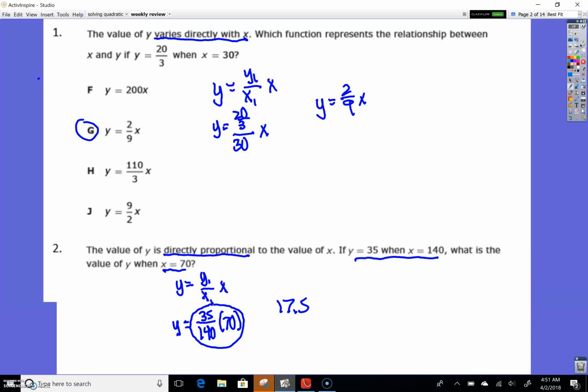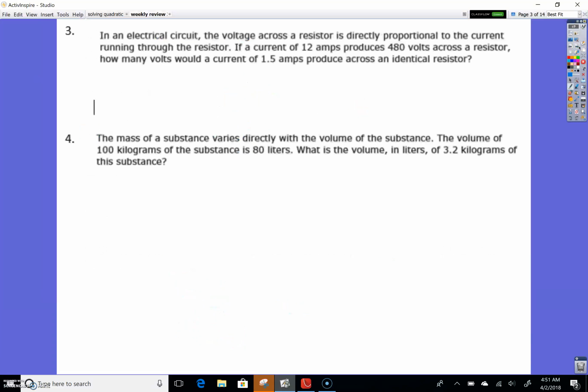Number 3. Okay, in an electric circuit, the voltage across the resistor is directly proportional. Okay, again, the word direct. If the current is 17 amps, so I'm going to let my amps be my x and my voltage be my y.